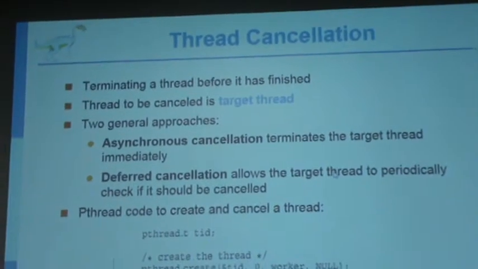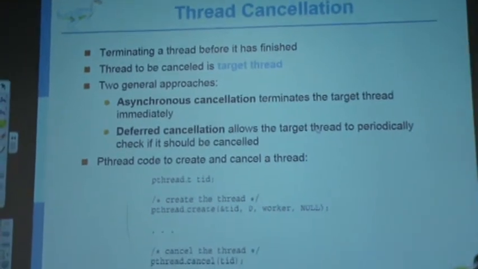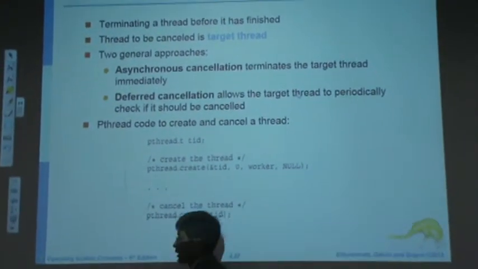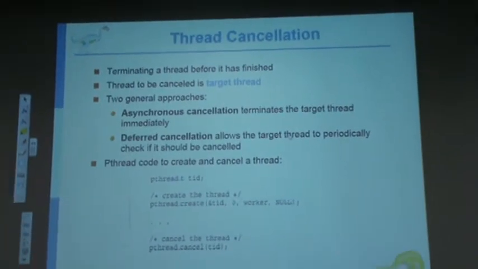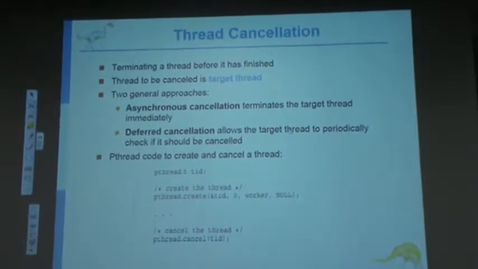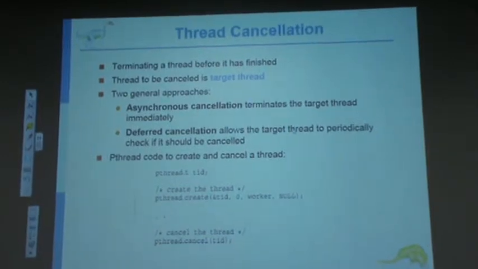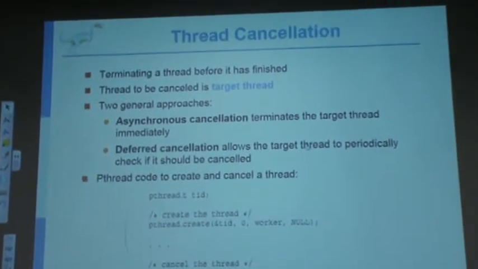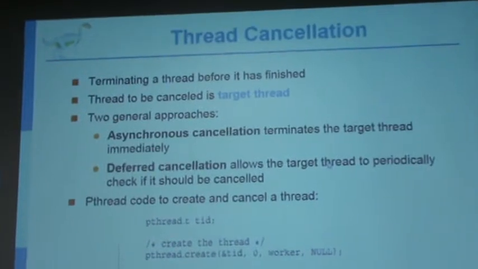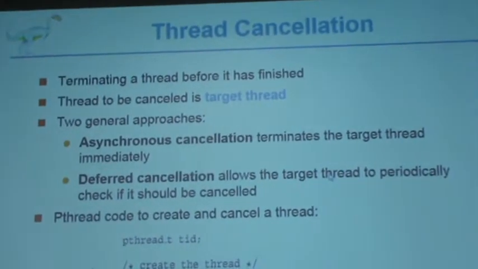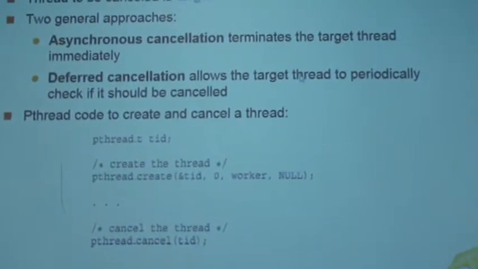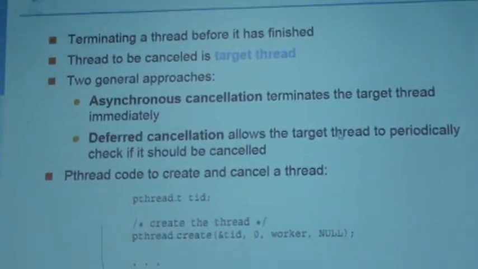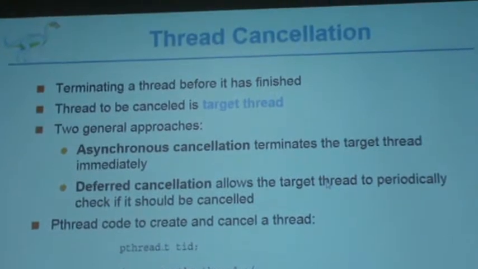What about the cancellation? There are two types of cancellation in a thread. In a process, it's called termination, but in a thread, it's called cancellation. One is asynchronous cancellation: you inform your operating system or process that this process is done, so you need to terminate.